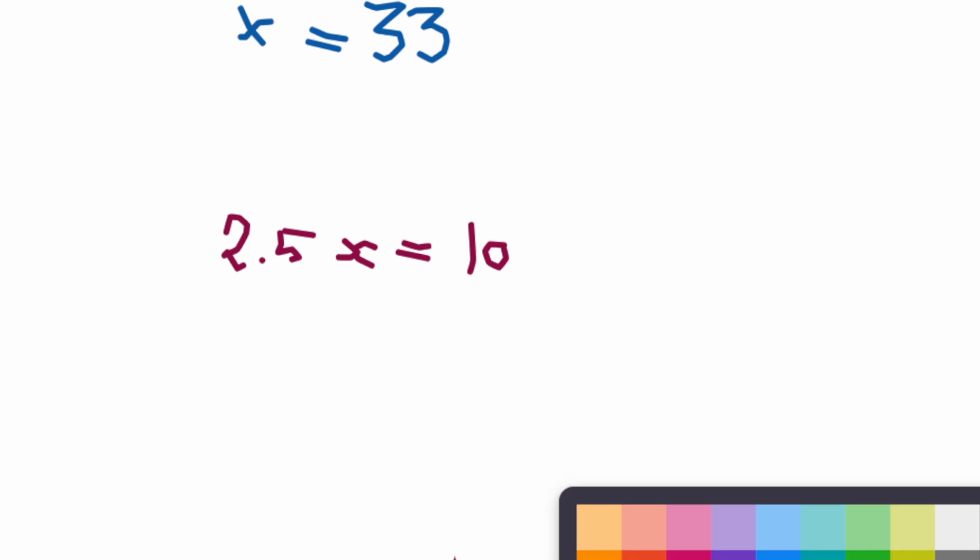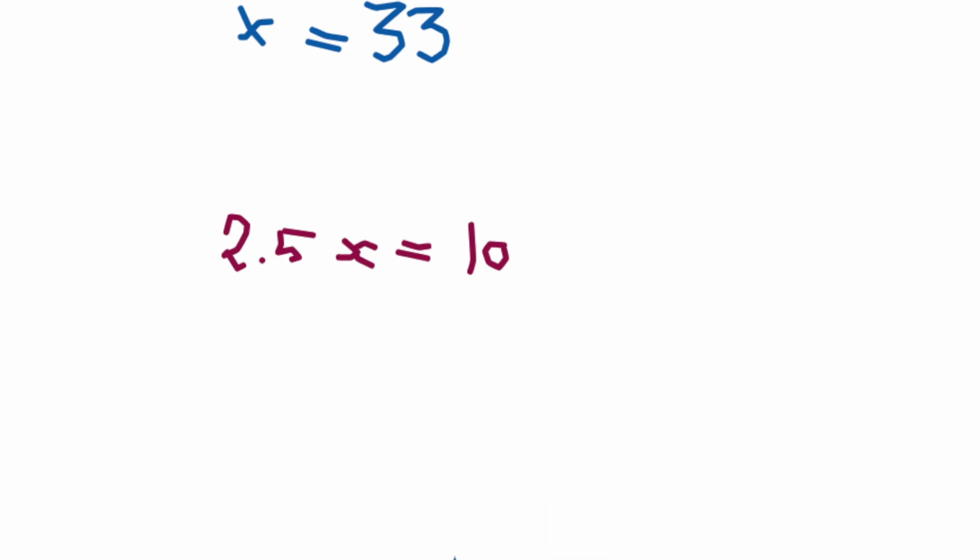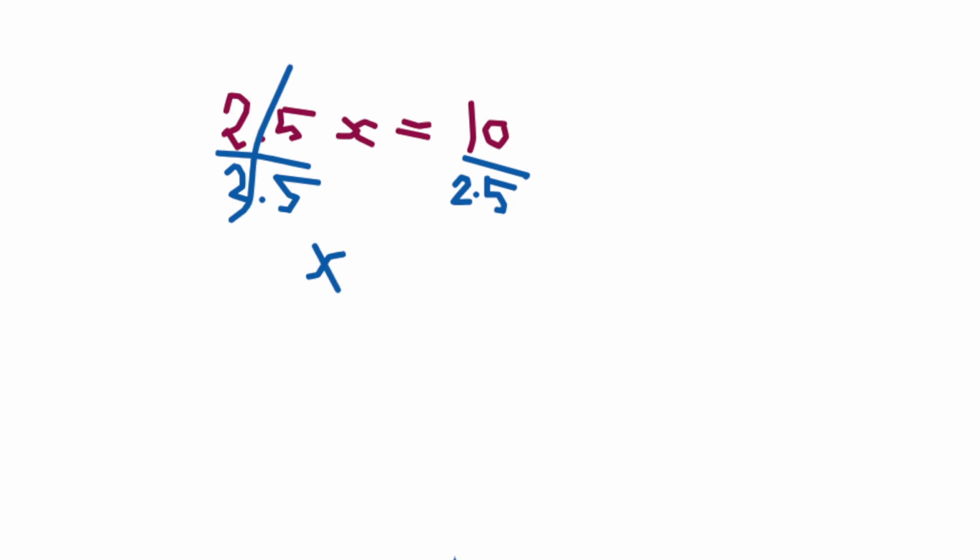Find x. 2.5x means 2.5 times x, so I'll just divide. I'll do the opposite. Oh gosh, this is a horrible 2.5, but it's okay. So divide by 2.5, divide by 2.5, right? So x equals 10 divided by 2.5. You will use the calculator here, and it will give you 4.